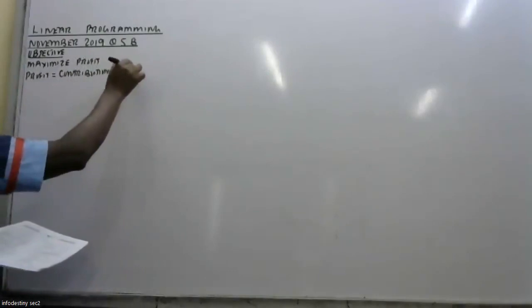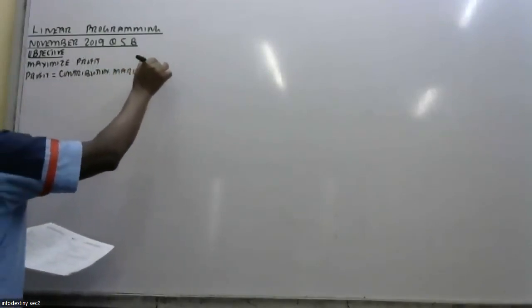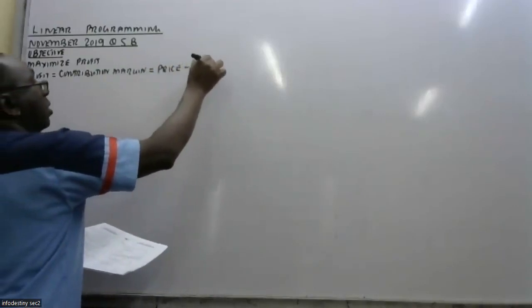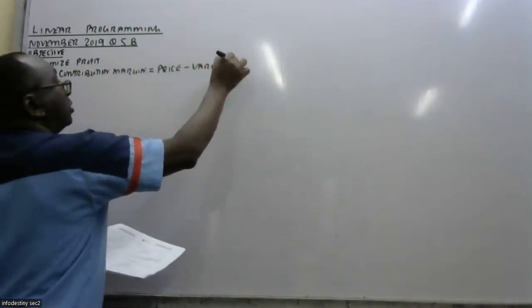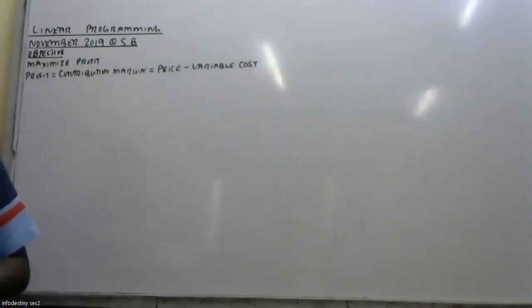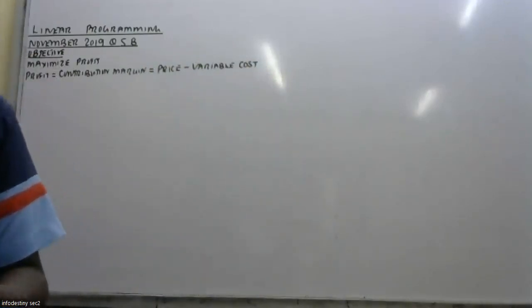And we have said profit is the contribution margin. And this contribution margin, we have said, it is the price minus the variable cost.